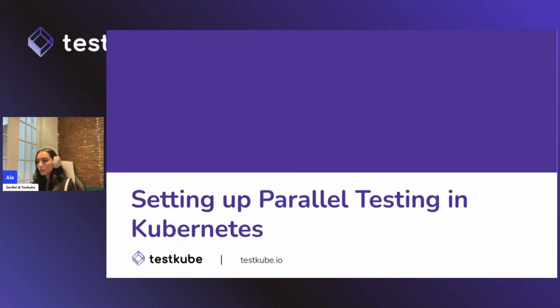When it comes to Kubernetes, though, we can actually take advantage of Kubernetes features to take parallelization to the next level. Instead of being limited to one test running X amount of times, we can run X amount of multiple tests of multiple test types. So you're not really limited to just running end-to-end or UI tests, but you can also do API tests.